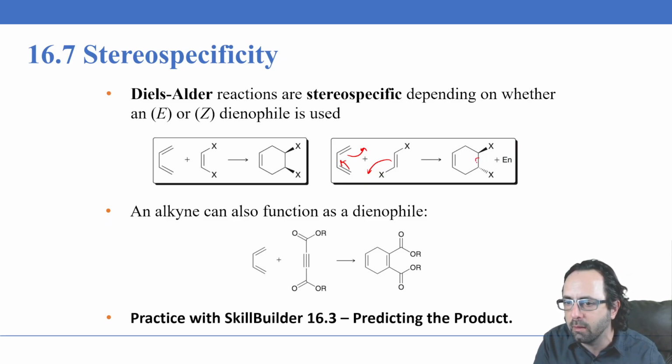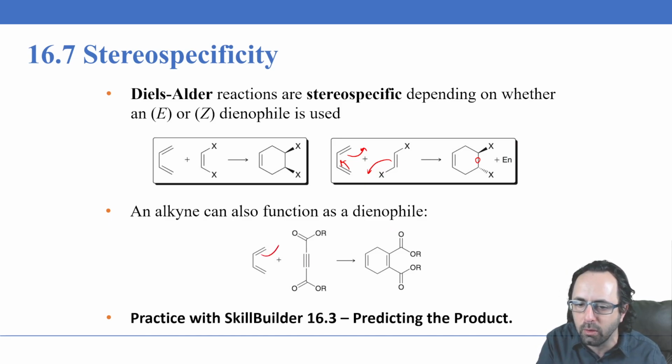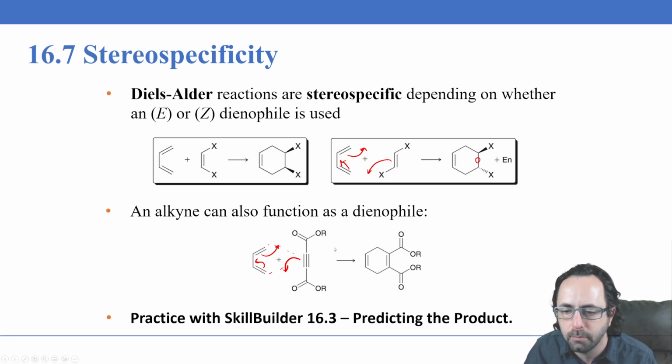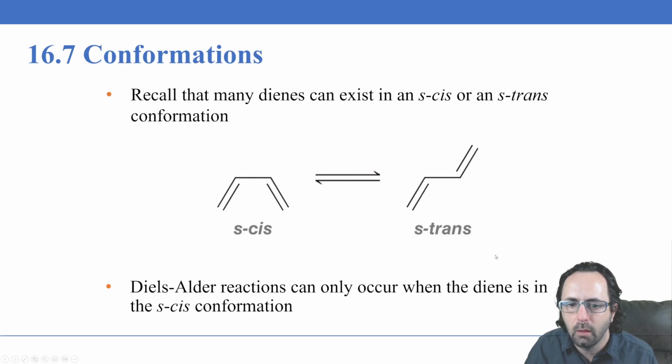You'll have a sigma bond only, not the sigma and the pi. So here, if we have an alkyne, a similar thing will happen. It's like this. However, in this case, we're still going to have another pi bond there. So you can see we have a pi bond and still the sigma bond from before.